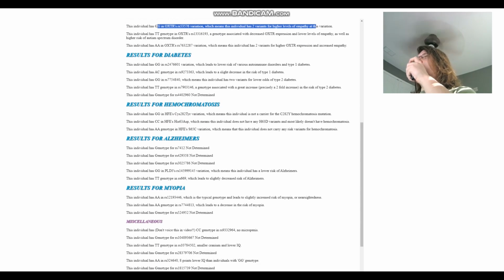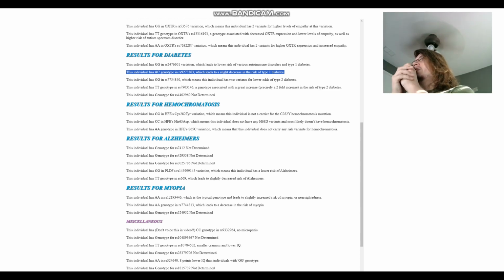For diabetes, AC here, which leads to slight decrease in the risk of type 1 diabetes. That's kind of crazy. So this variation is the most important variation for type 1 diabetes for humans. The most important variation. And the fact that she has AC here means there's variance in orangutans. That means there's some orangutans who have AA, some who have AC, some who have CC.